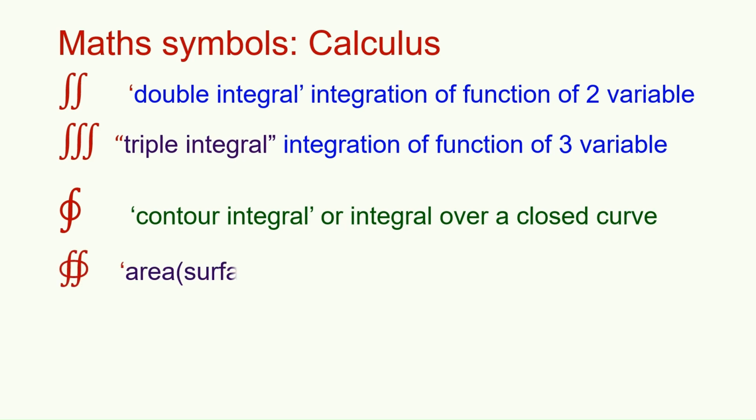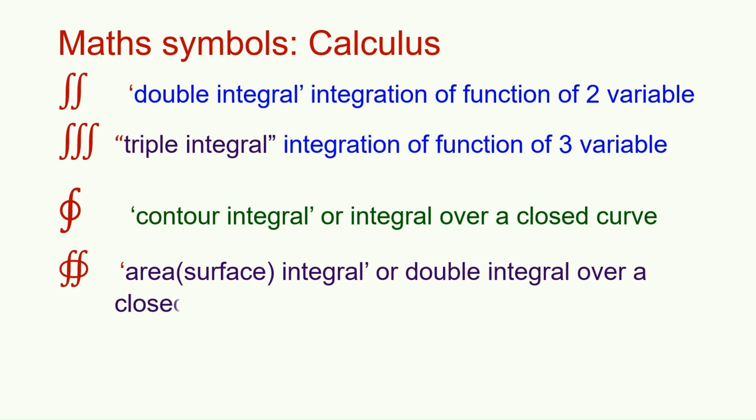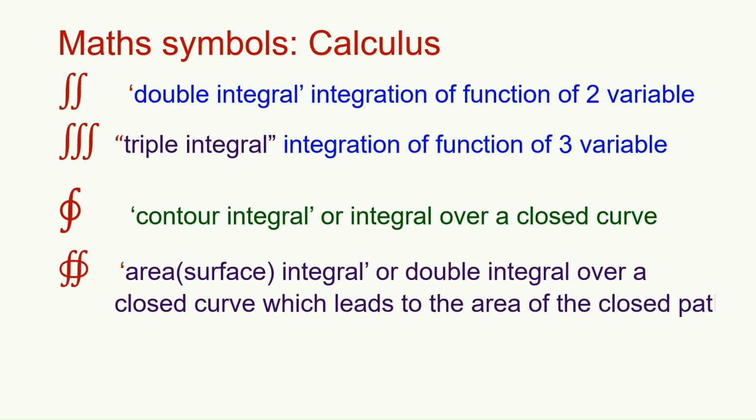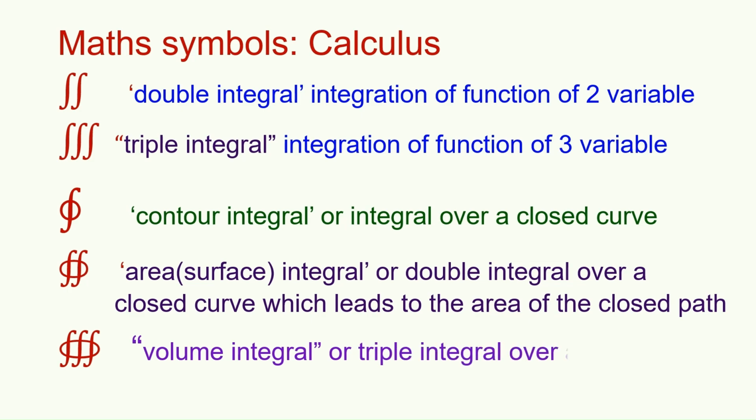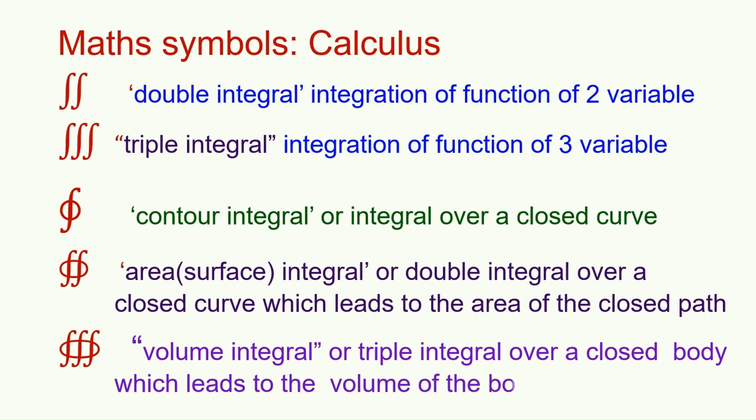Contour double integral, an area or surface integral, is a double integral over a closed curve, which leads to the area of the closed path. Contour triple integral, a volume integral, is a triple integral over a closed body, which leads to the volume of the body.